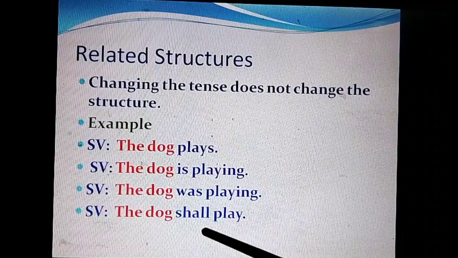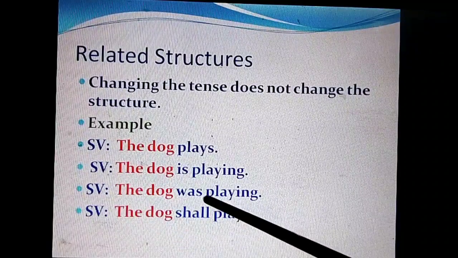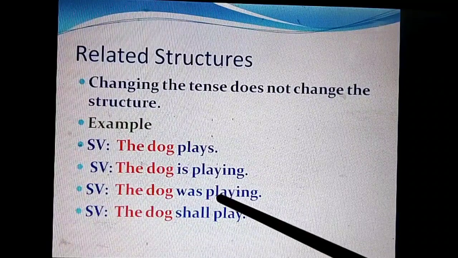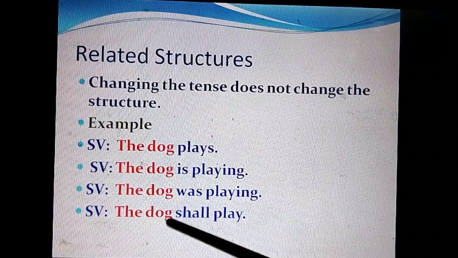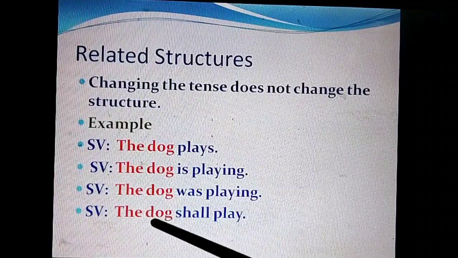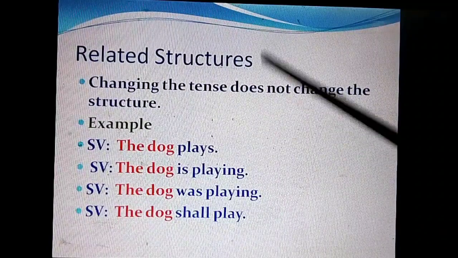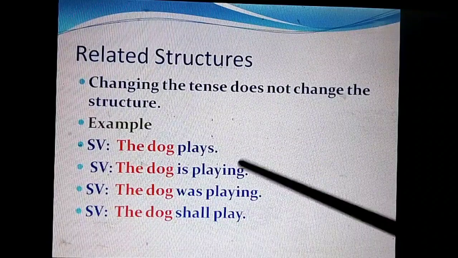Similarly, this whole thing is one verb. So I think it is not a very difficult thing if you have done the tense tables nicely, and if you have made affirmative, negative and interrogative sentences, then you can very well understand that the structure doesn't change by changing the tense of a sentence.